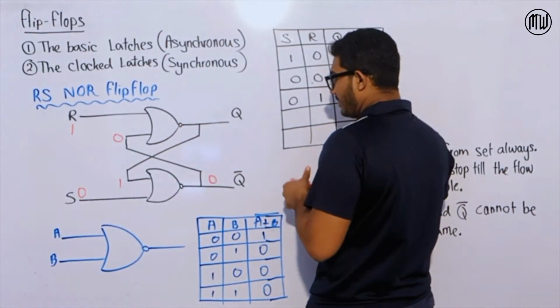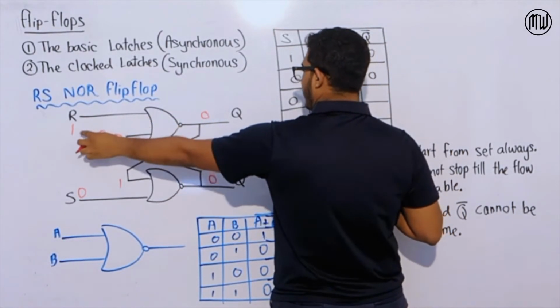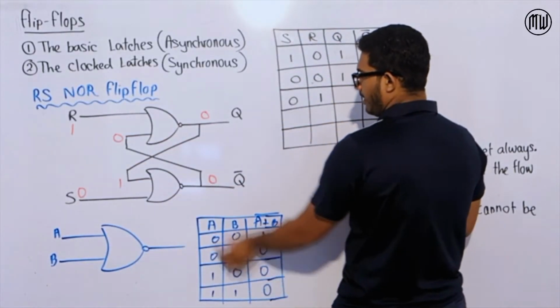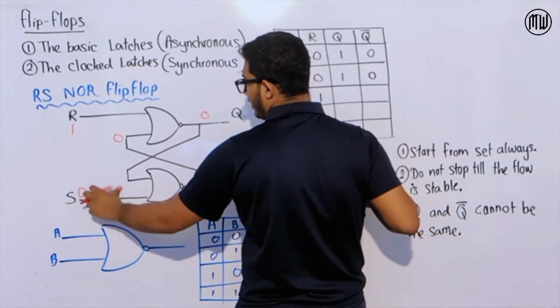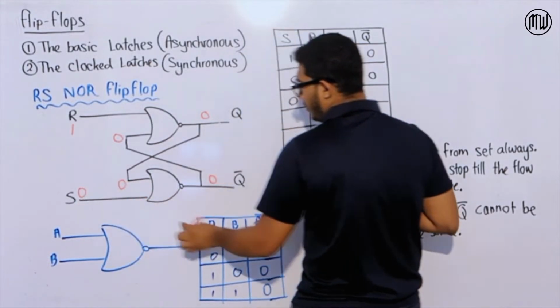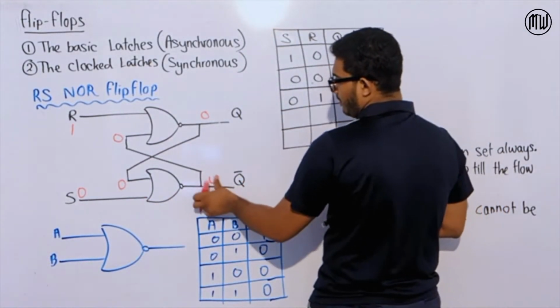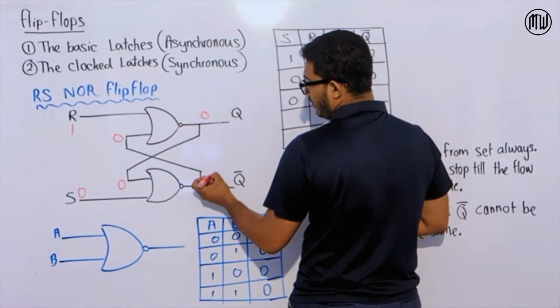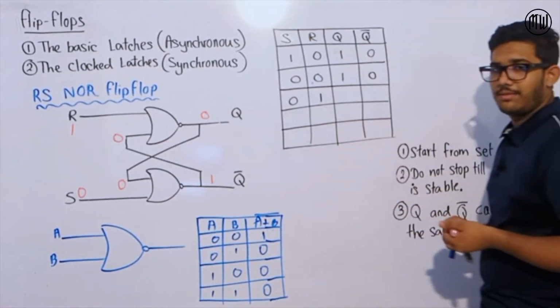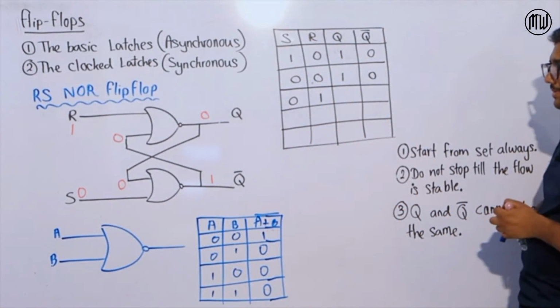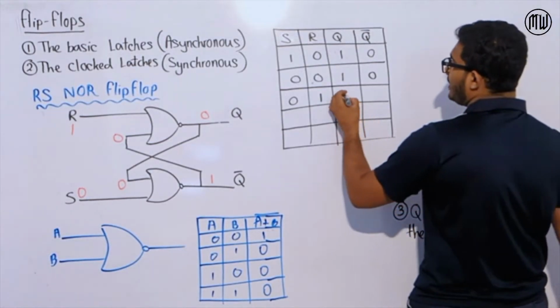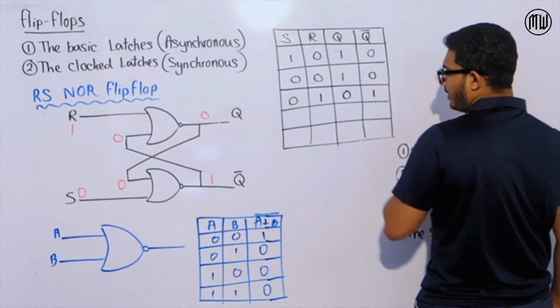Q actually becomes 0, right? This becomes 0. That 0 goes down here. 0, 0 is 1. Get it? That's what happens. So this time Q is 0 and Q bar is 1.